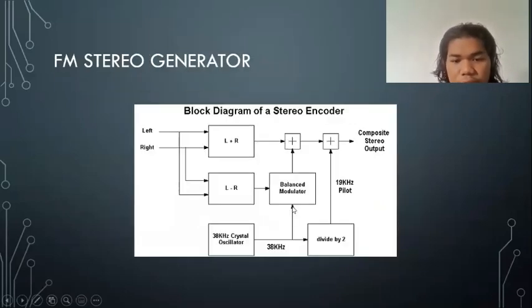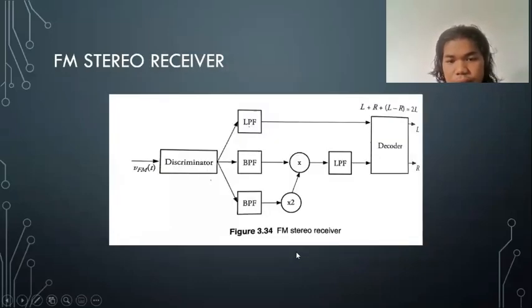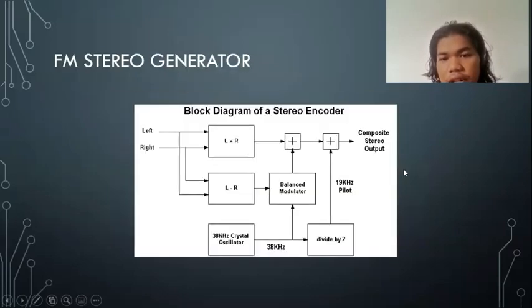Just like before, it is mixed with the L minus R signal, and then goes through another LPF, or another low-pass filter, to go to the decoder. Now in the decoder, the signals will be added and subtracted to get the original L and R signals, like the input before going through the encoder or the generator over here.